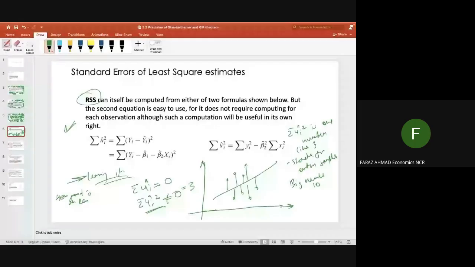It represents a sample. So is it a big number? If it's a big number like 10, we say that points are far from the line. If it's a small number like 2, we say points are relatively closer to the line, or the line is closer to the points. So we got a measure in this number, summation u_i hat squared, of how good is the fit, how good is the line, isn't it?